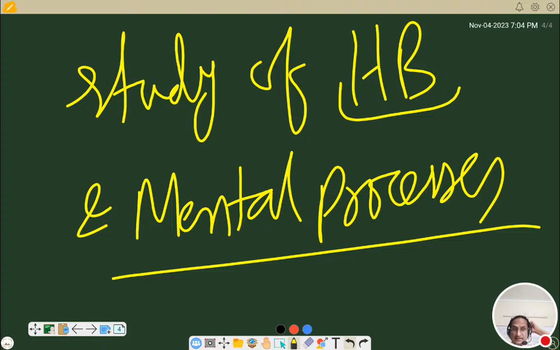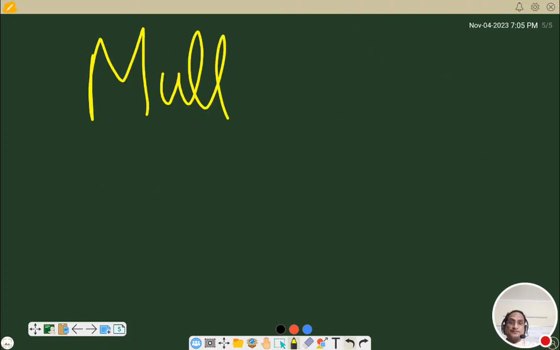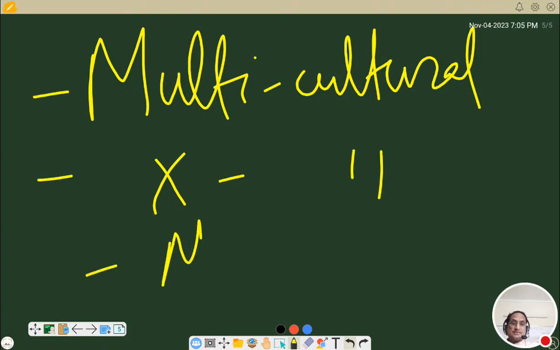Now, we have seen that after the cognitive revolution, the expansion of psychology includes not only the behaviorist idea but other perspectives also. Especially in the modern era, in the recent trends of psychology, we are following the multicultural, cross-cultural, multi-perspective approach.